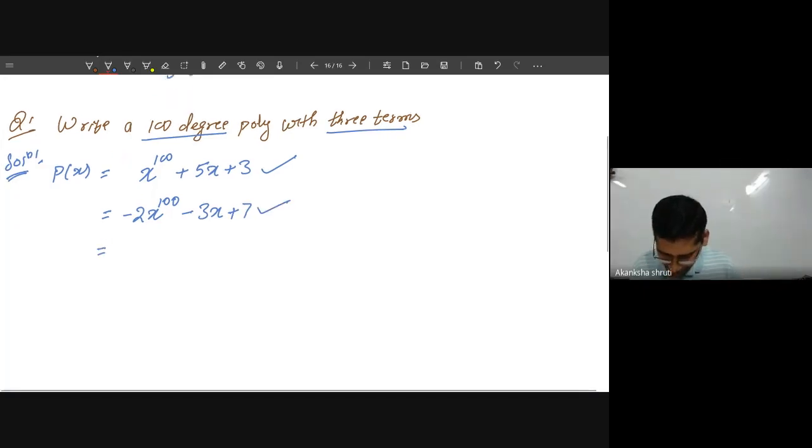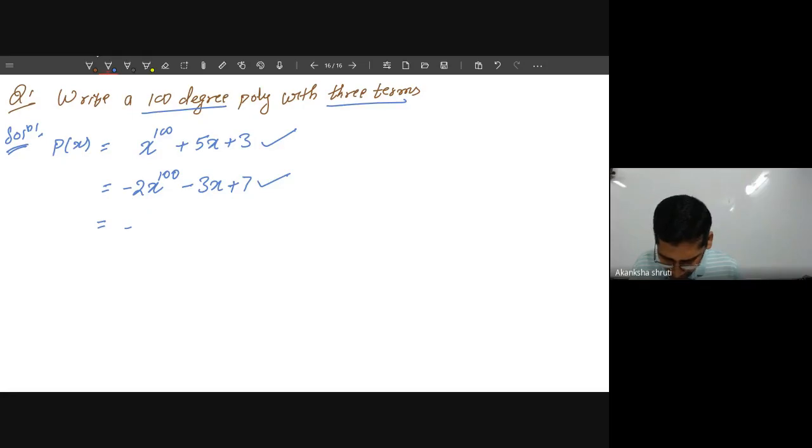Not only this much, you can also write minus 7x to the power 100 plus x to the power 50 plus 50. Even if you write this, it is also okay. Here the degree is still decided by this 100. So x to the power of any value less than 100 can be taken.